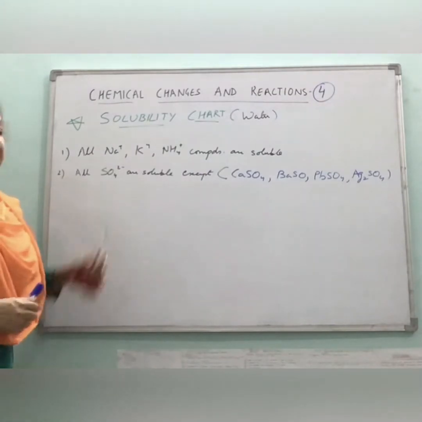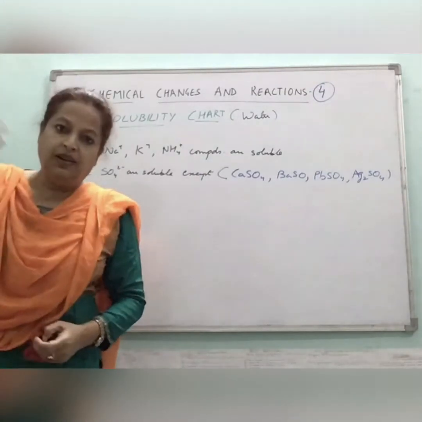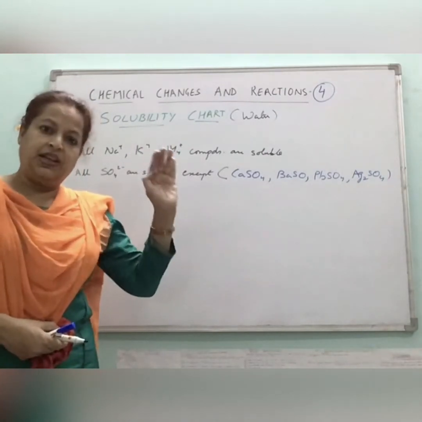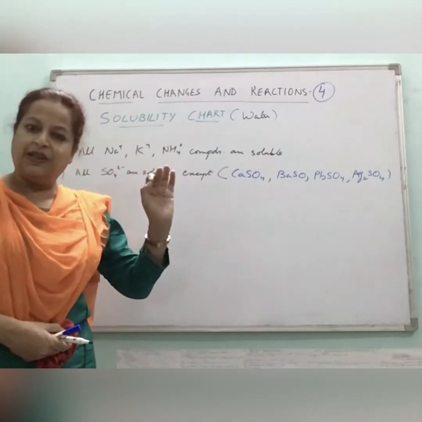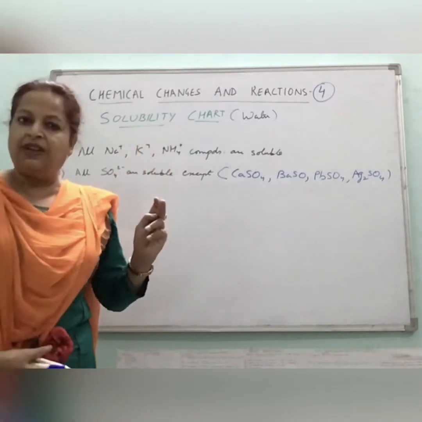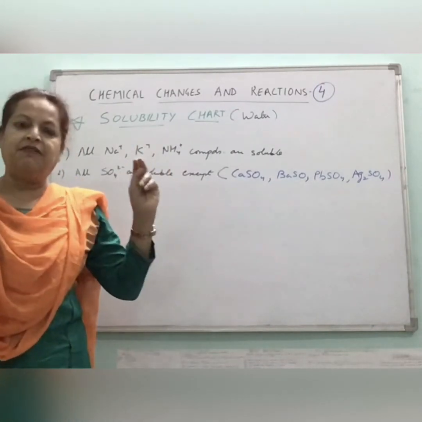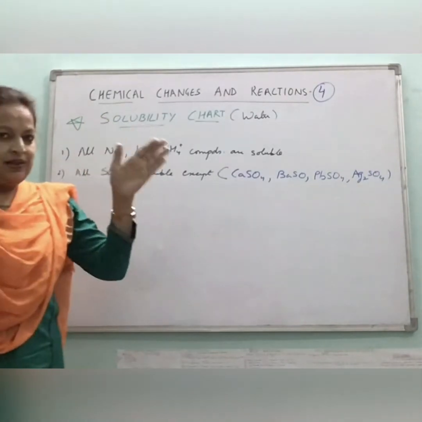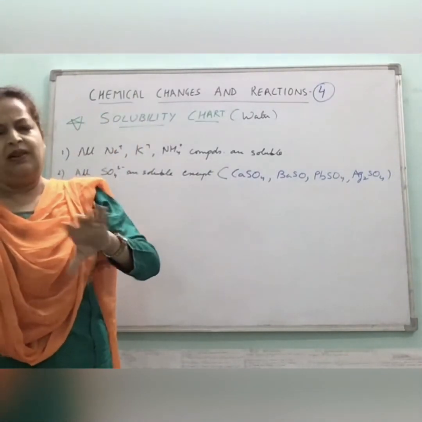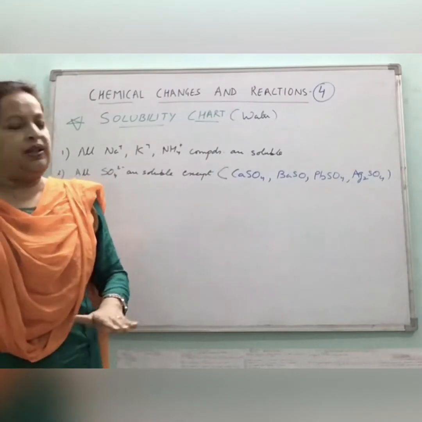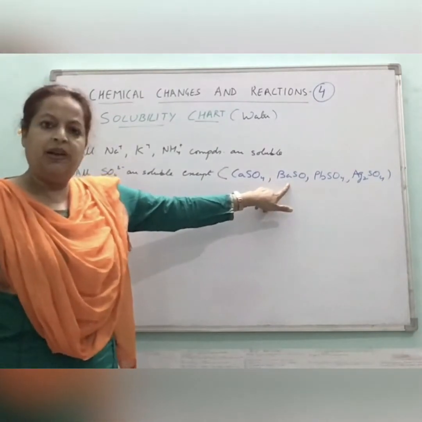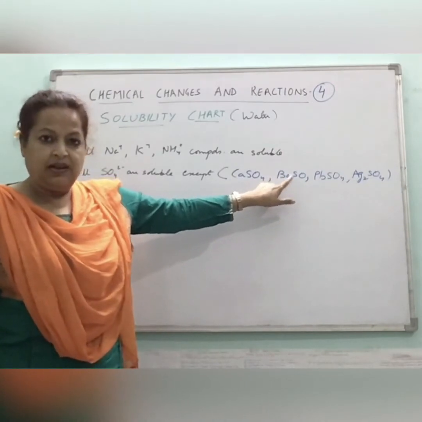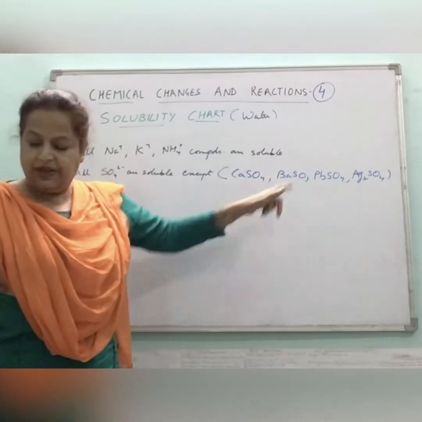Now when I say sulfates, again you have to remember the activity series: potassium sulfate, sodium sulfate, calcium sulfate, magnesium sulfate, aluminum sulfate, zinc sulfate, ferrous sulfate, lead sulfate, like that. Those only you have to remember, right? Basically those are the ones in your syllabus. A few exceptions like barium I have added, because it will be needed in practicals in class 10. Okay.